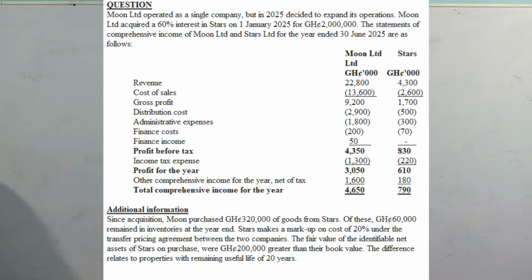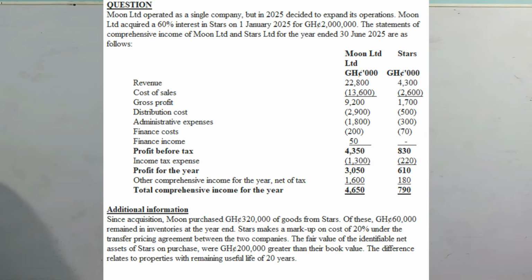Moon Limited operated as a single company, but in 2025 decided to expand its operations. Moon Limited acquired a 60% interest in Stars on 1st January 2025 for 2 million Ghana cedis.